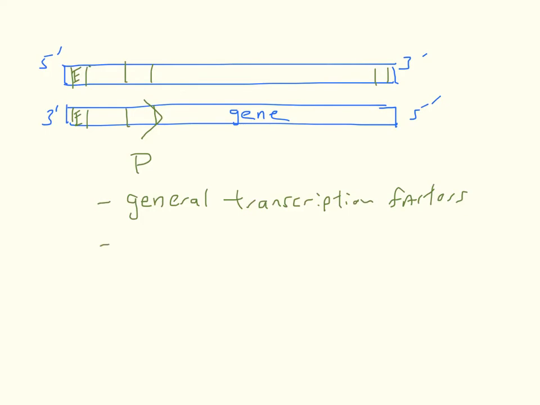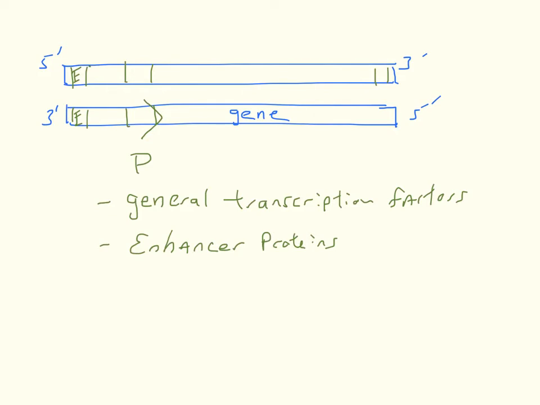We have to remember the promoter is a DNA sequence, and the enhancer is an enhancer sequence. The general transcription factors and the enhancer proteins bind to those DNA sequences.